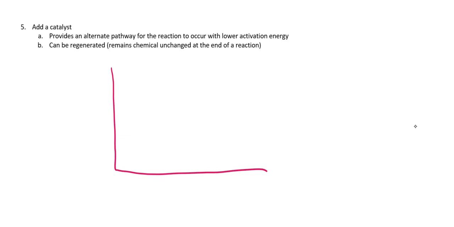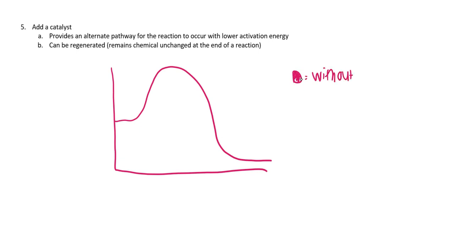So let's say this was my reaction without a catalyst. So the activation energy is how much energy does it take to get from the reactants up to that activated complex.